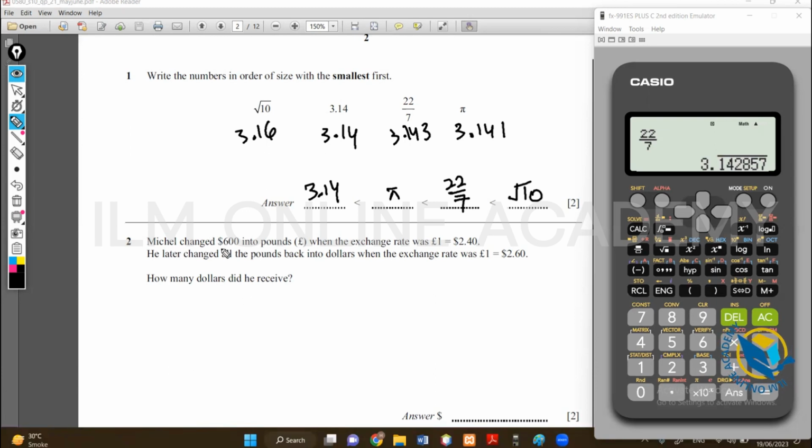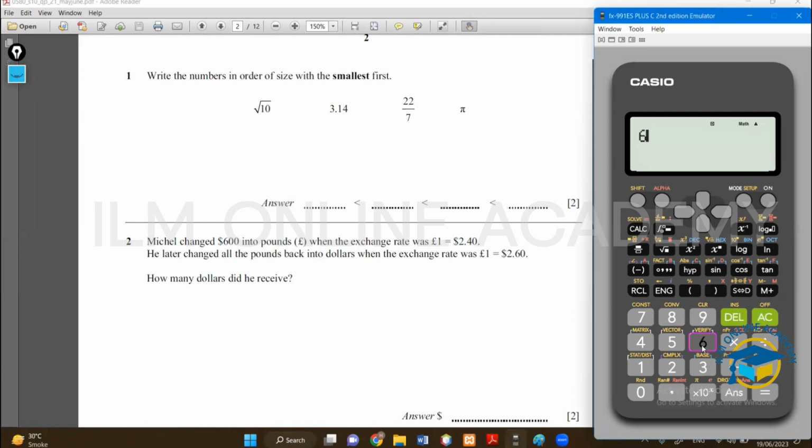So let's first consider the first scenario, in which he converted his dollars into pounds when the exchange rate was 2.40. So it means 600 divided by 2.4, right?